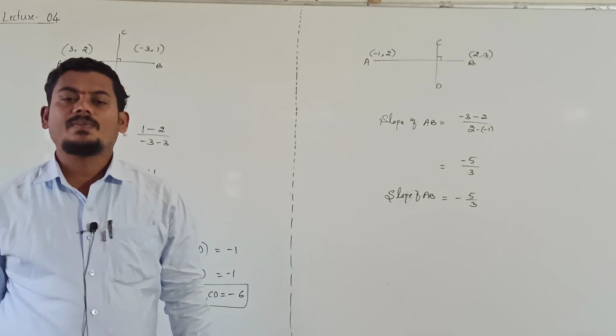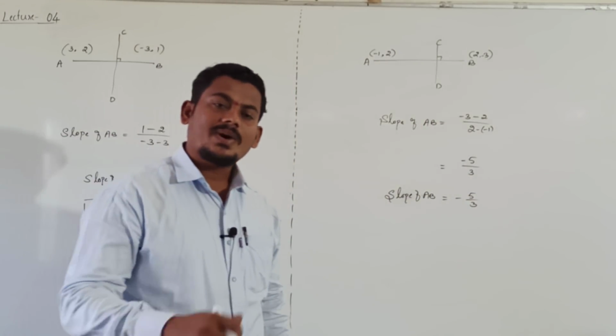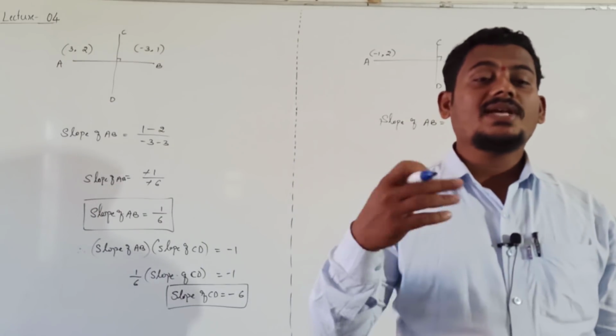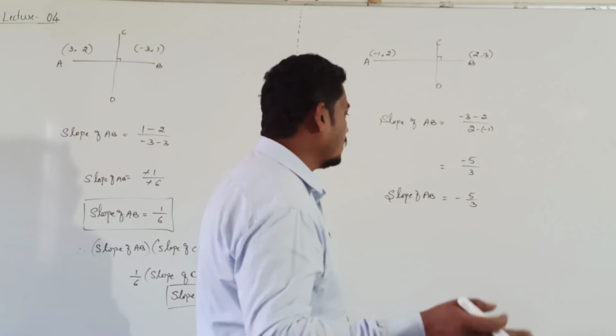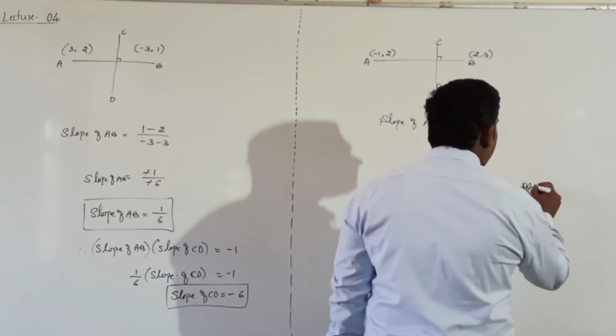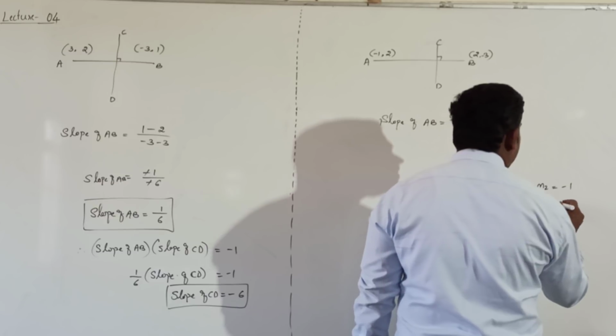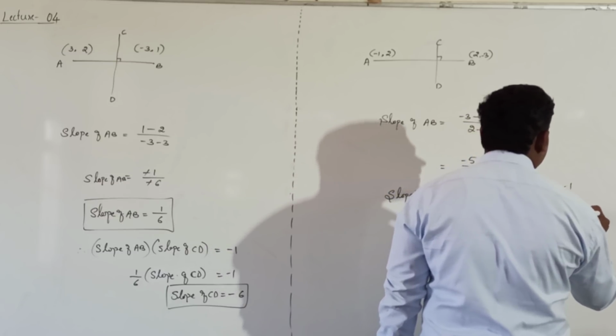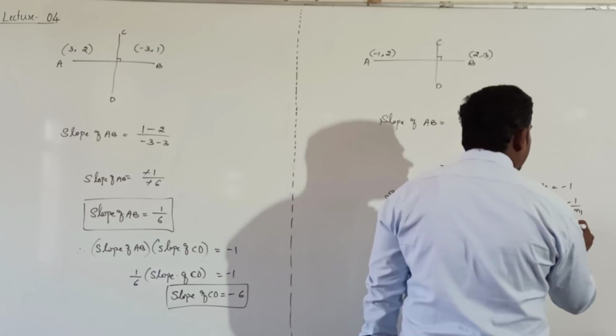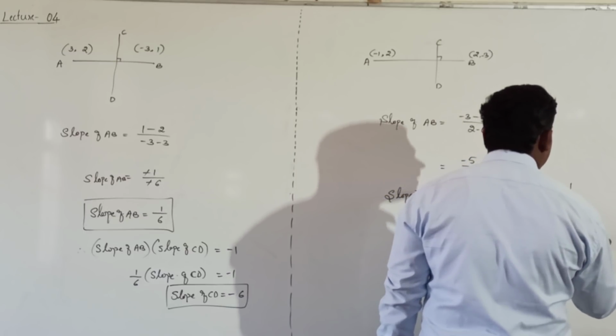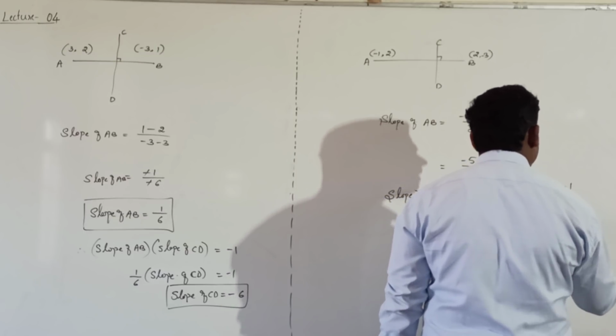Then what is the slope of the CD line? The slope of our required line is the negative reciprocal of the slope of the other line. Remember, m1 into m2 is equal to minus 1, so m2 is equal to minus 1 divided by m1, or m1 is equal to minus 1 divided by m2.